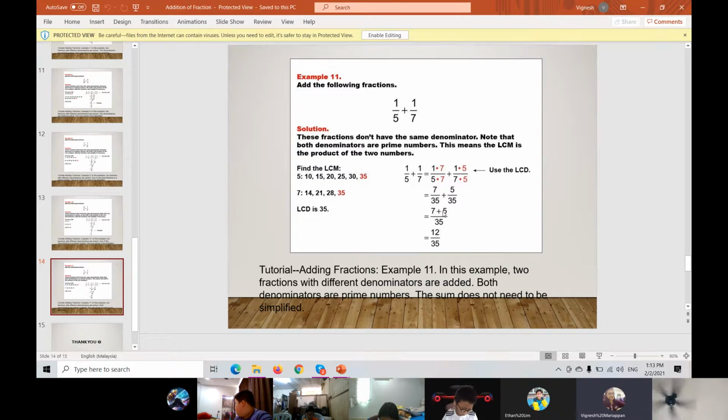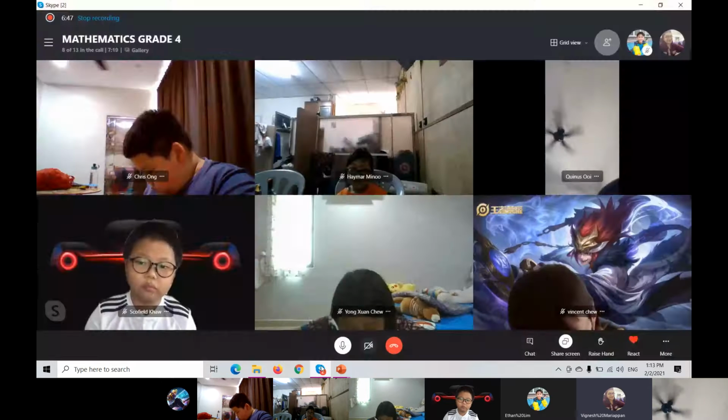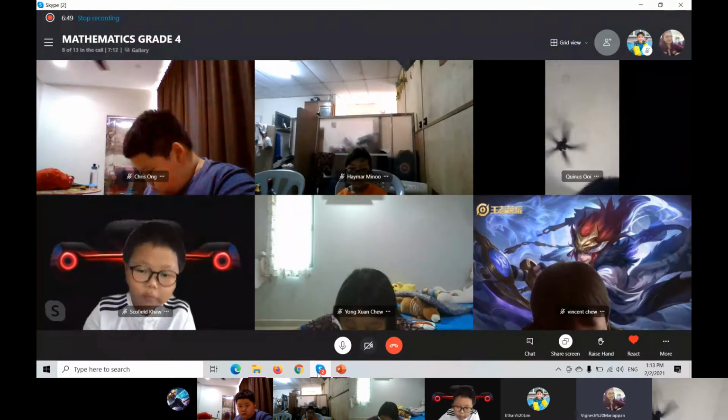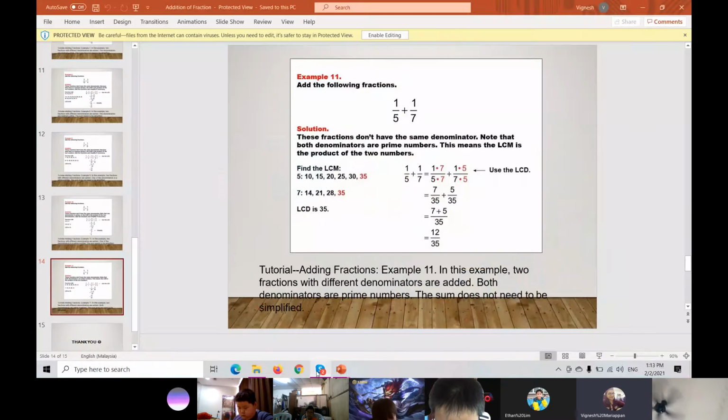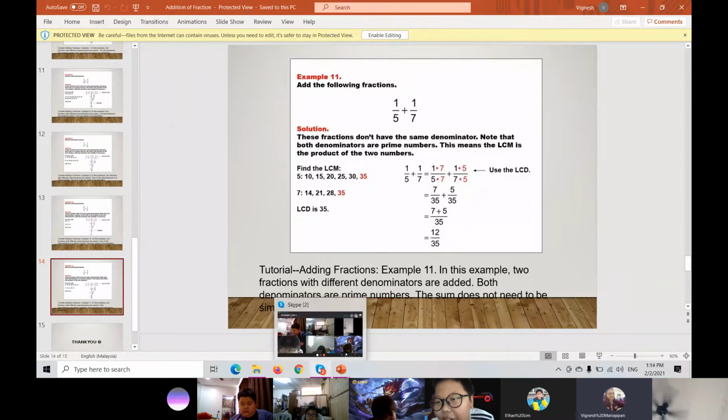Grade 2 student also can say. What is this? 7 plus 5 is equals to what? 12. Very good. So what is your final answer, class? 12 over 35.